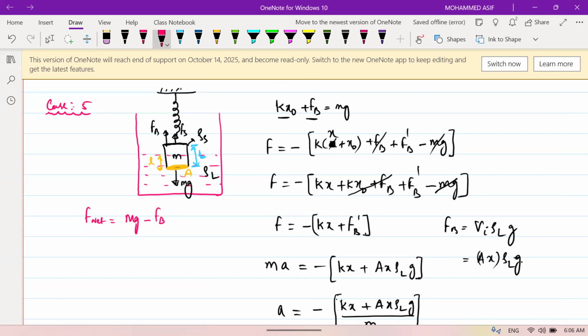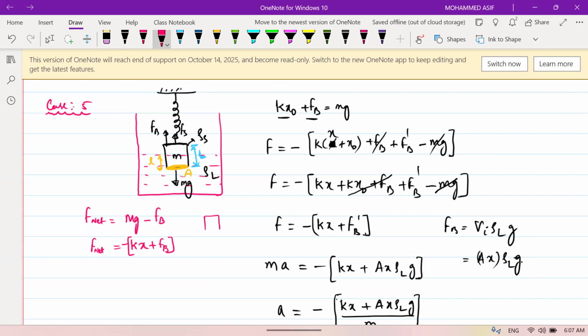In equilibrium, this mg will be equal to your spring force, isn't it? So displace the body to the extreme position. At the extreme position, mg will be equal to k into x; taking minus as common, this will be plus buoyancy force. This is your F net, because you need to displace the body now.